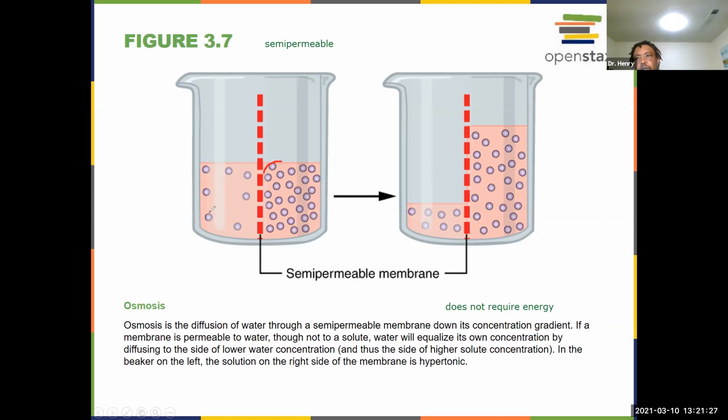So the side with the low concentration of particles is called hypotonic. This side is called hypertonic.